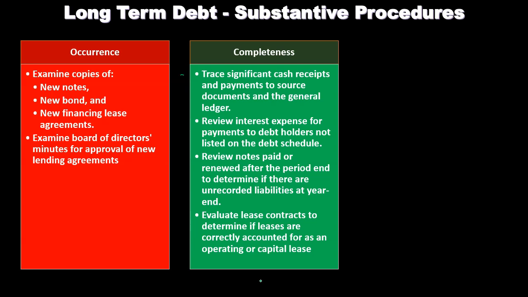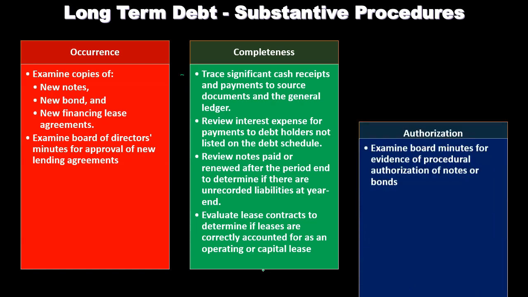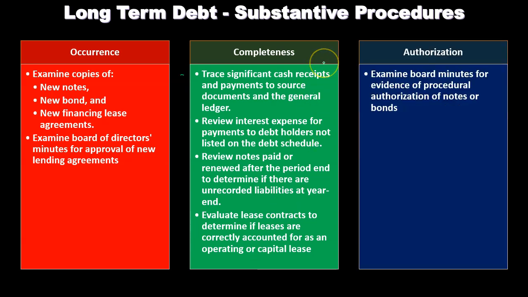So this is one of the more complex issues that we would want to make sure to look into. Look at those lease agreements, consider whether or not they're going to be a capital lease or an operating lease. And if they're capital leases, do we have the recorded loans on the books? And that would be with regard to completeness.